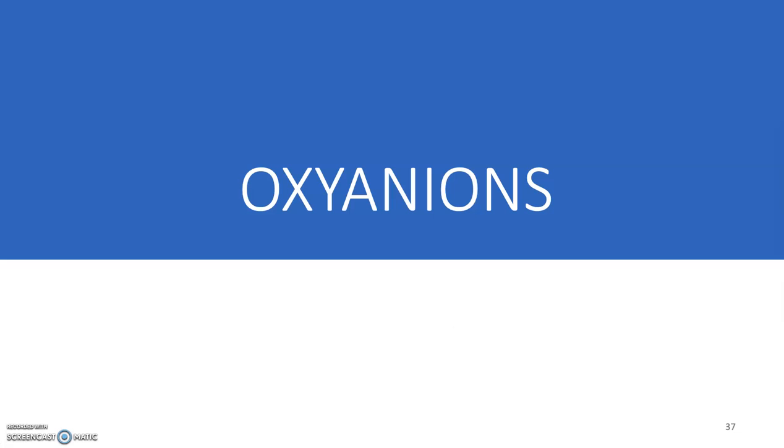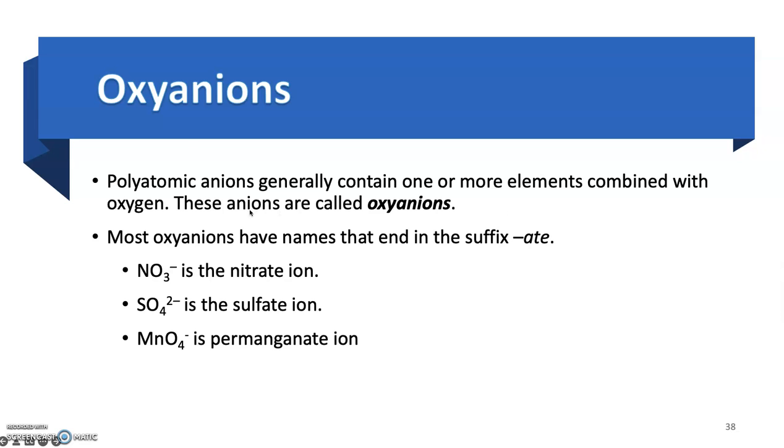Let's talk about polyatomic ions, such as oxyanions. Oxyanions are polyatomic anions that contain one or more elements combined with oxygen. Most oxyanions are named with the suffix ATE.